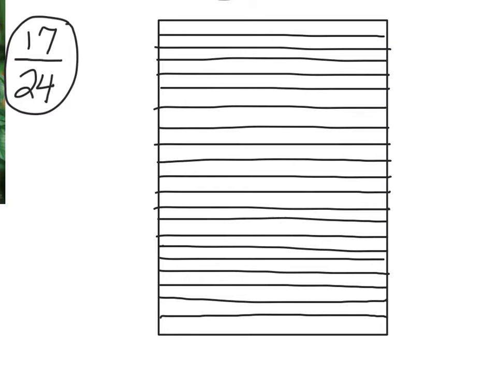So this is going to be 21. Oops, I think I miscounted and said 20 twice, so I'm going to draw just one more line, and let's see how many parts we have.